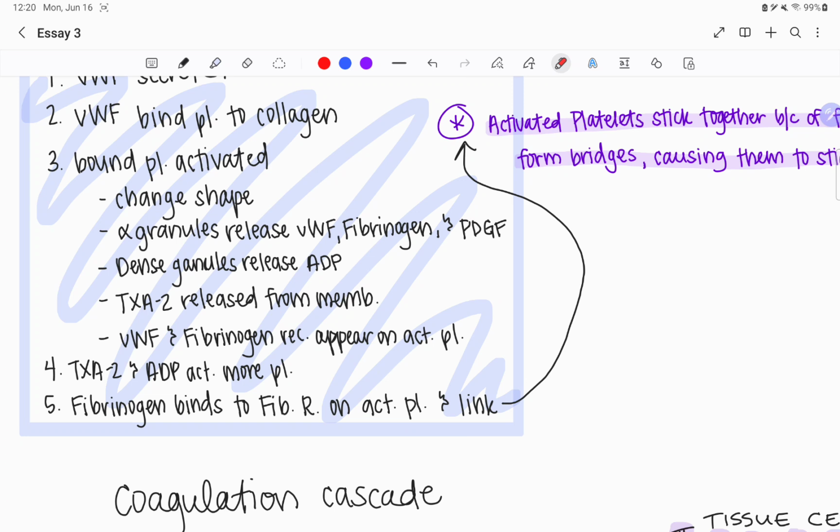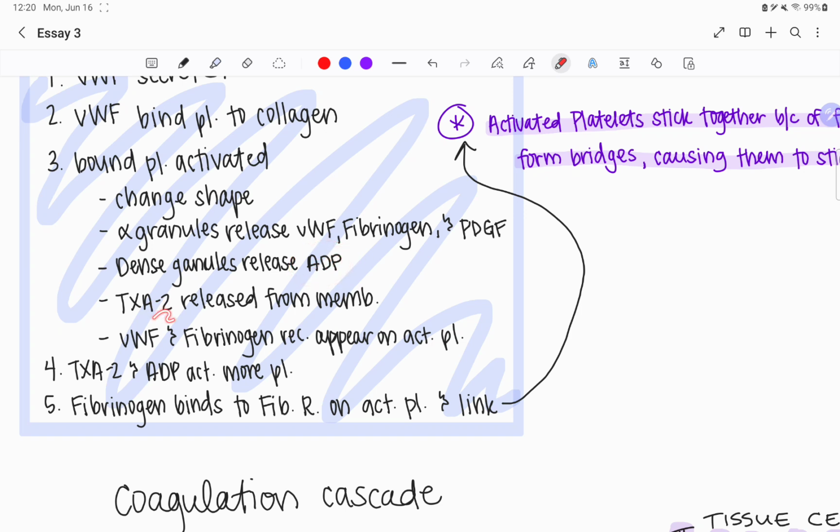I don't want to lead you astray here. Oh, platelet-derived growth factor. So, alpha granules release more VWF, fibrinogen, and platelet-derived growth factor, PDGF. Dense granules release several things, but the most important thing is ADP.